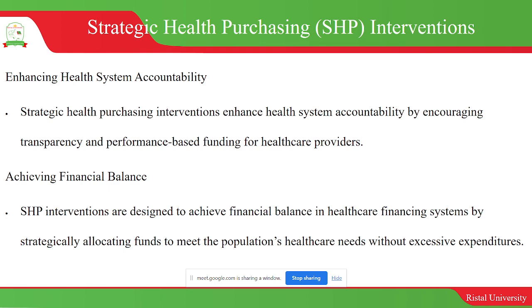Okay, we need to achieve financial balance. The strategic health purchasing interventions are designed to achieve financial balance in healthcare by strategically allocating resources to where the health needs of the population are, without having to waste resources.